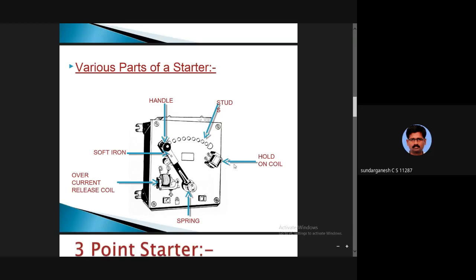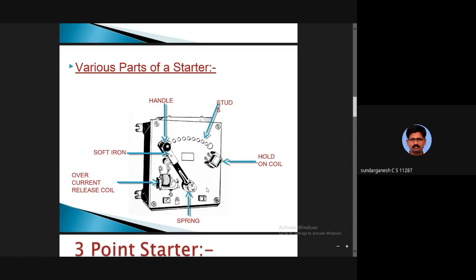This is the overcurrent release coil. If overcurrent comes, it senses the overcurrent and makes the holding handle go to the off position. Spring tension is given for moving this soft iron piece.